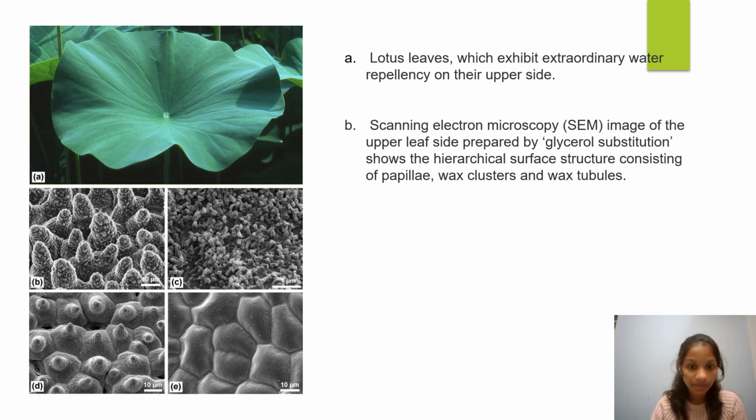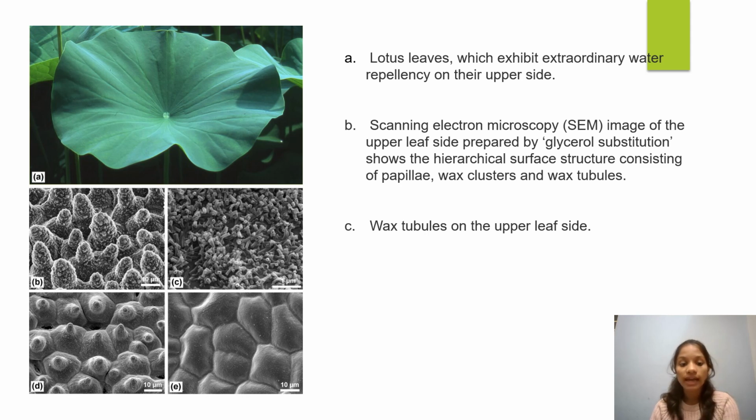And the second image is an SEM, that is scanning electron microscopy, image where the upper leaf side prepared by glycerol substitution shows the hierarchical surface structure consisting of papillae, wax clusters and wax tubules. And the third image is wax tubules on the upper leaf side. This is the image where the wax tubules are present on the upper leaf side.